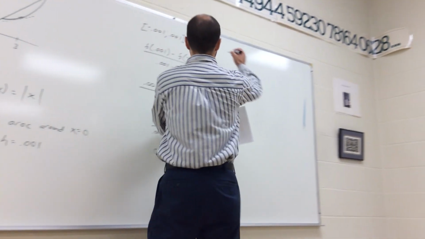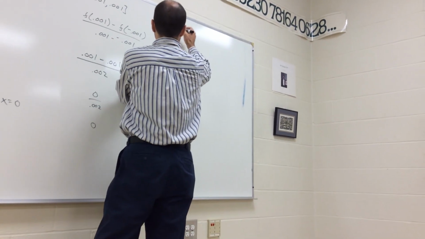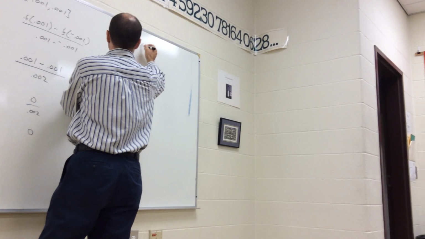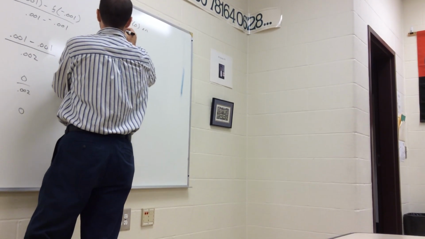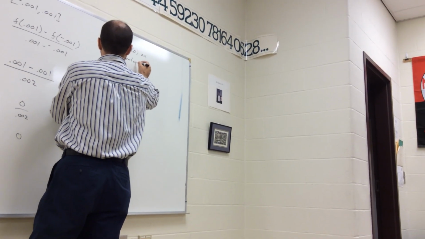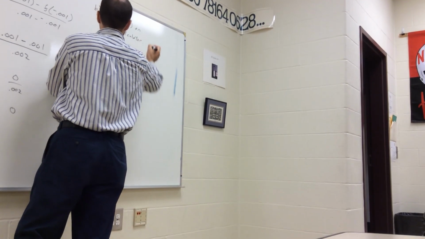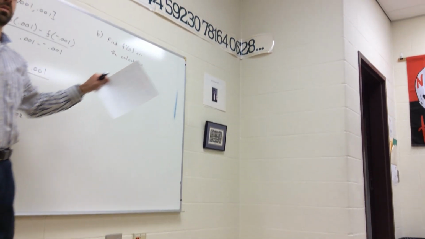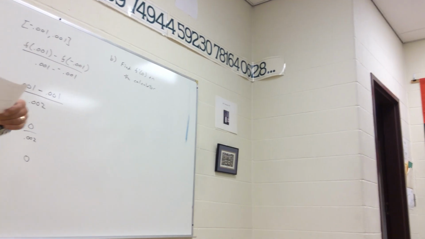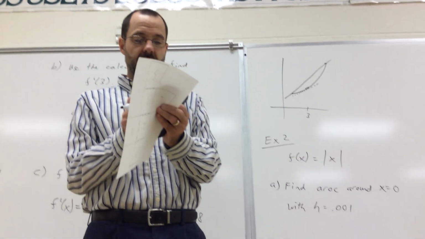Okay, so now for part B, we're going to find f prime at 0 on the calculator. So you just press Math 8. Practice again there so you don't forget about it.